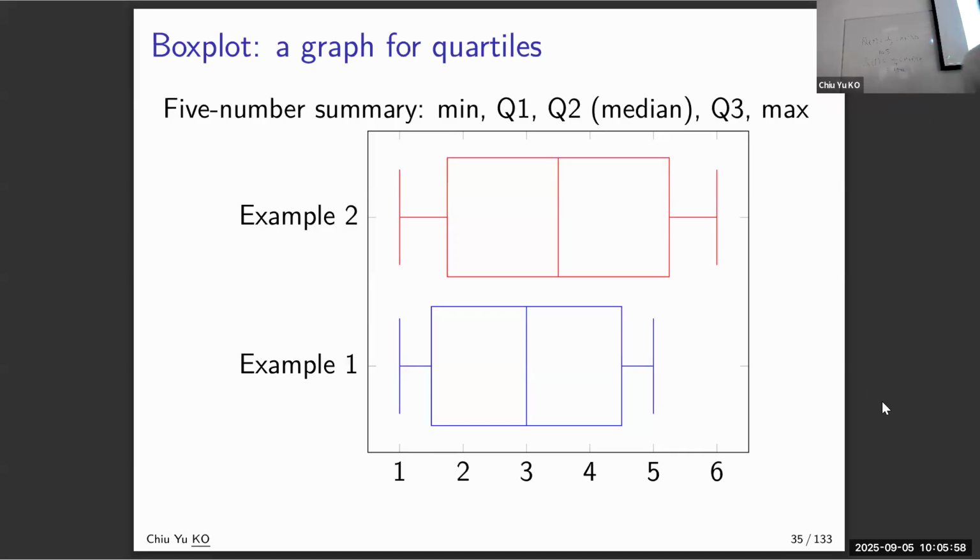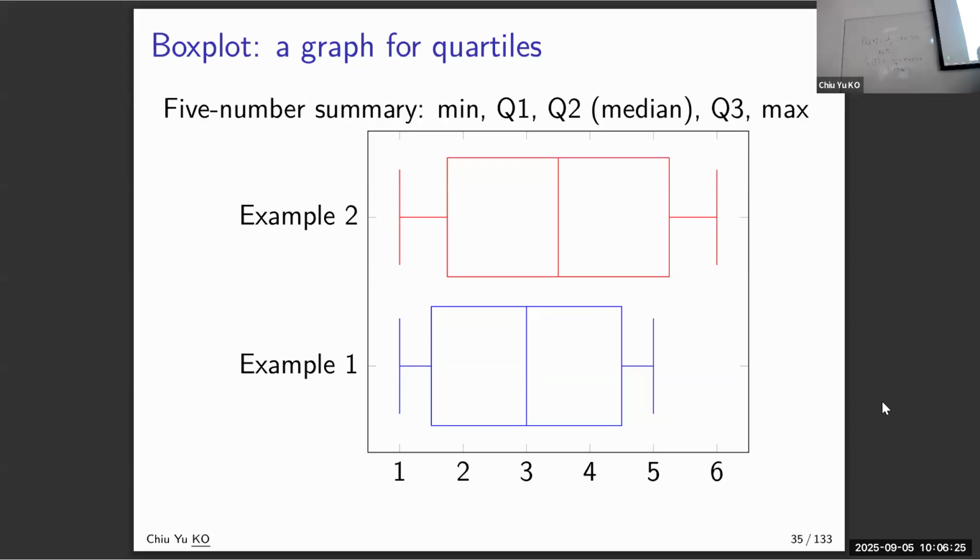So now we want to talk about the box plot, because a box plot is the way to see the data. So you see the box plot, for example, this is the range, because it's minimum, maximum, median, Q1, Q3. You can look at this: this is the IQR, this is the range.